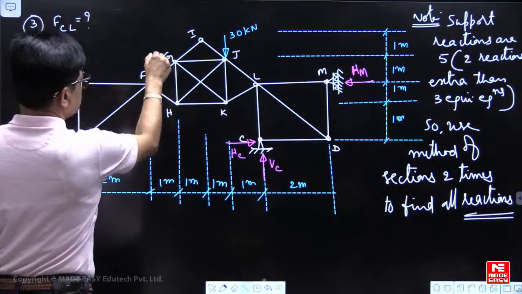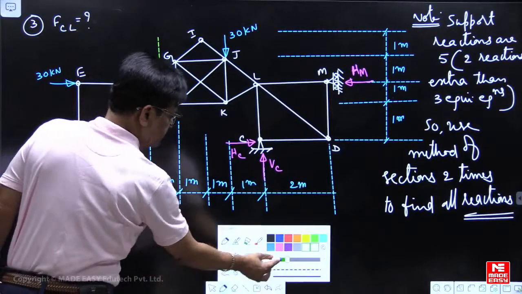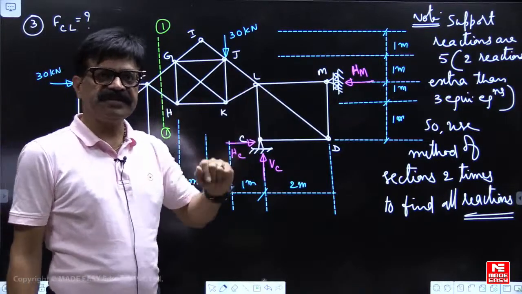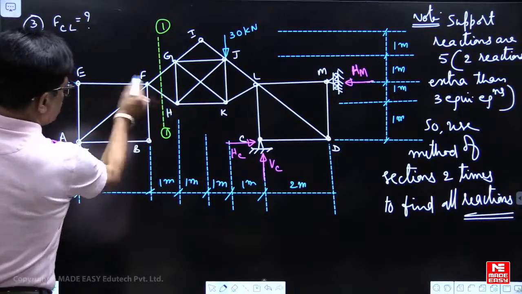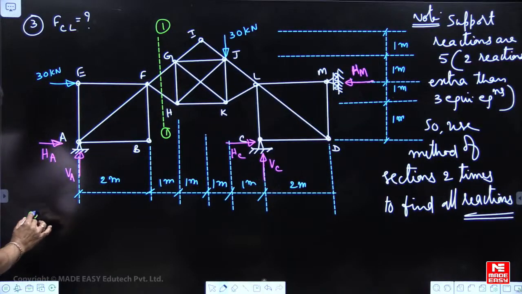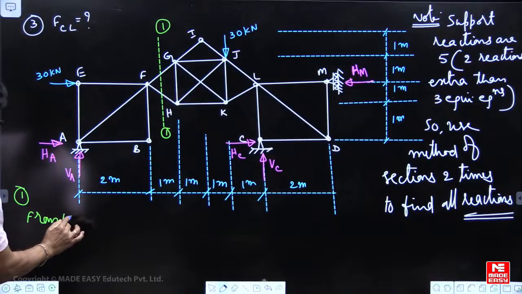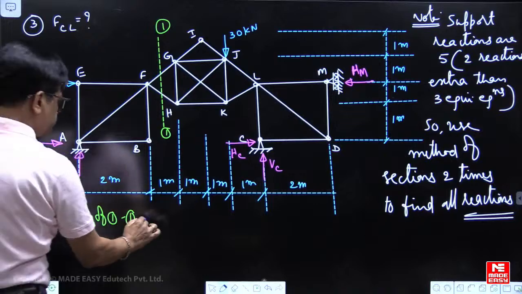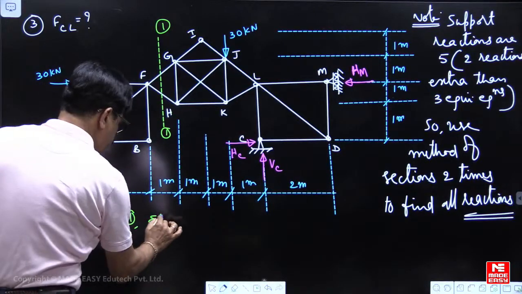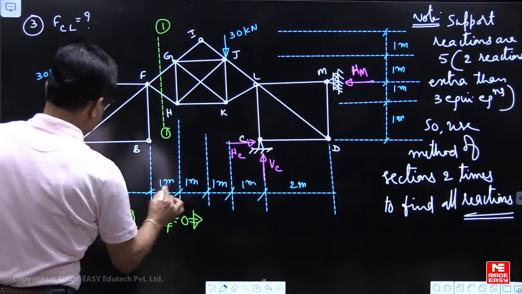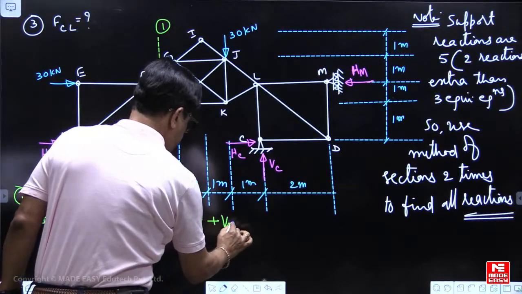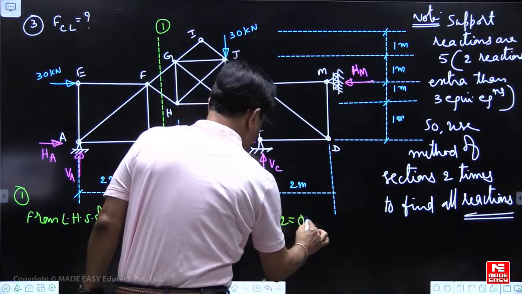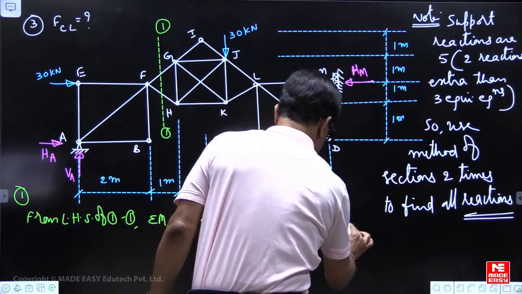So if I cut the truss like this by a section 1 1, from LHS of 1 1, take moments of all forces about F is equal to 0, plus VA into 2 minus HA into 2. From this you will get VA is equal to HA.